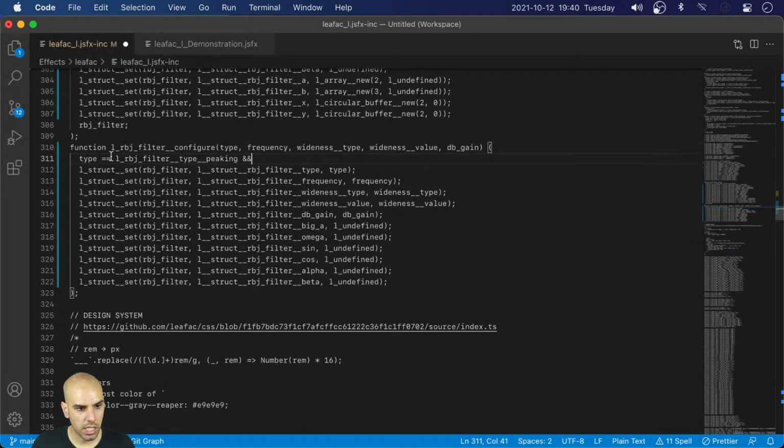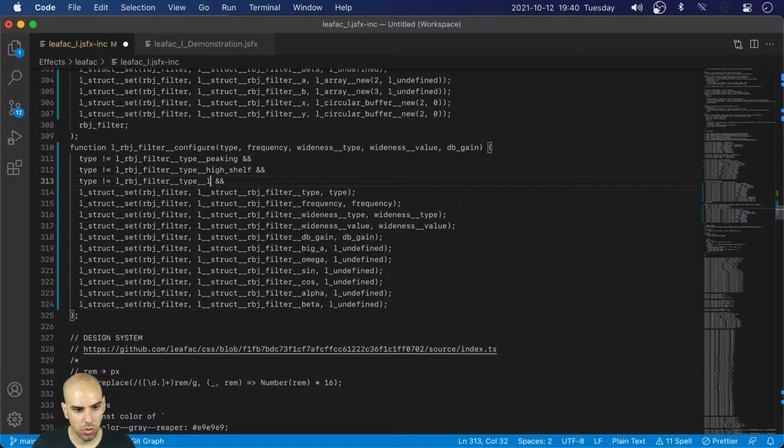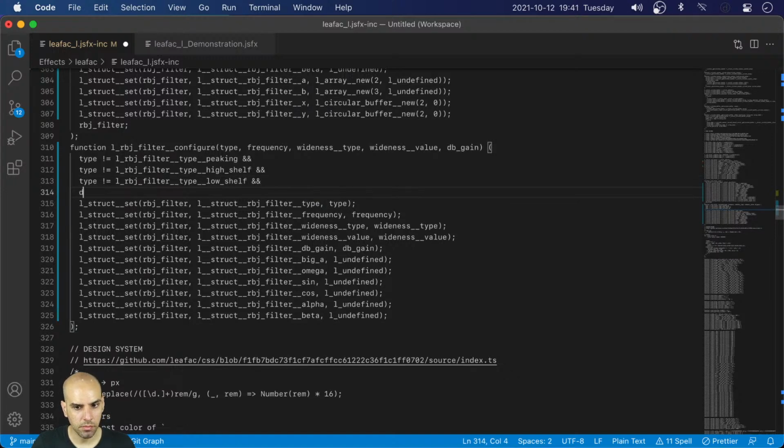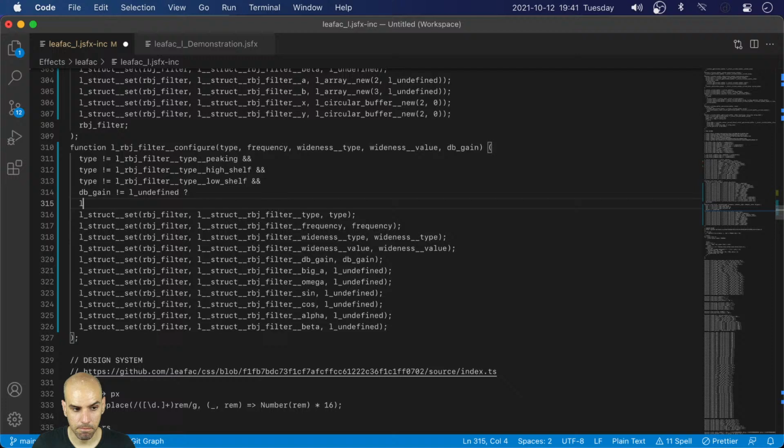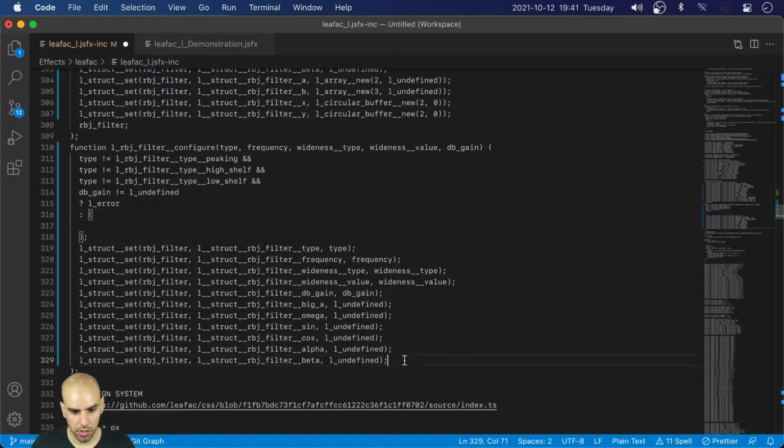So if my type is not peaking and my type is not a high shelf and my type is not a low shelf and my dB gain is not undefined, that's an error. Otherwise, we are going to calculate all this stuff.